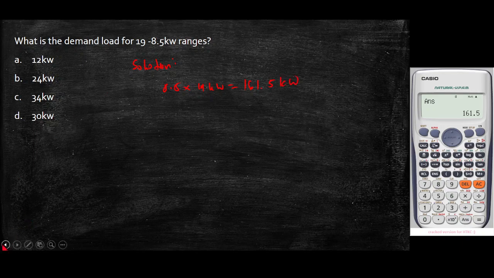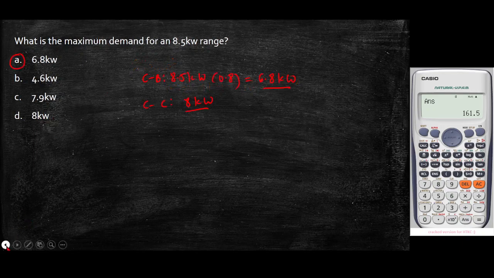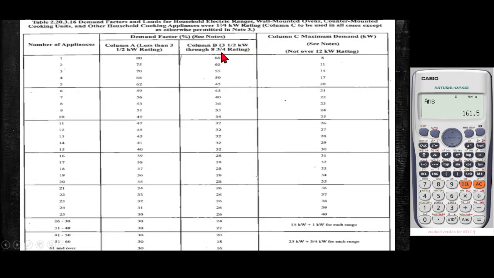Okay? So, tingnan natin sa table kung ano yung percent demand for 19. So, 19, so this is 28%.